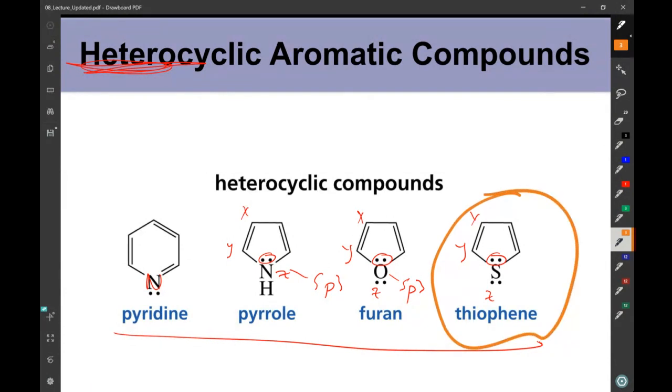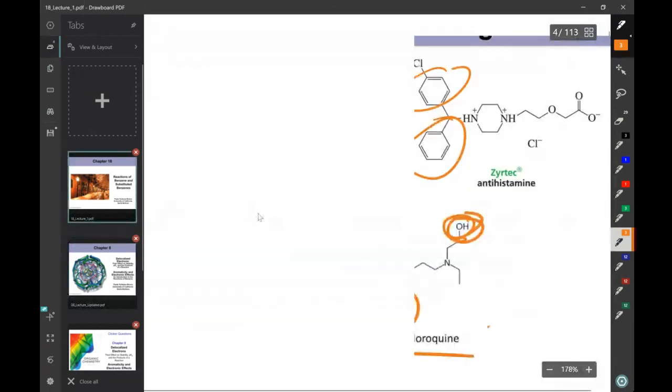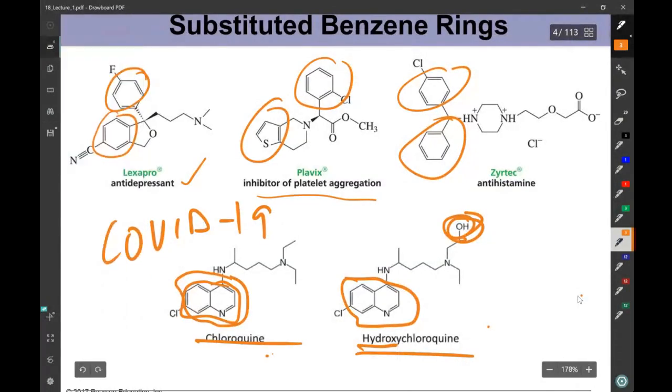Yes, it contains thiophene, and remember, thiophene was an aromatic compound. So yes, that S here contributes to aromaticity because you will have a lone pair inside and a lone pair outside. And remember, I said when you have a lone pair inside, that lone pair contributes to aromaticity. Does that make sense?